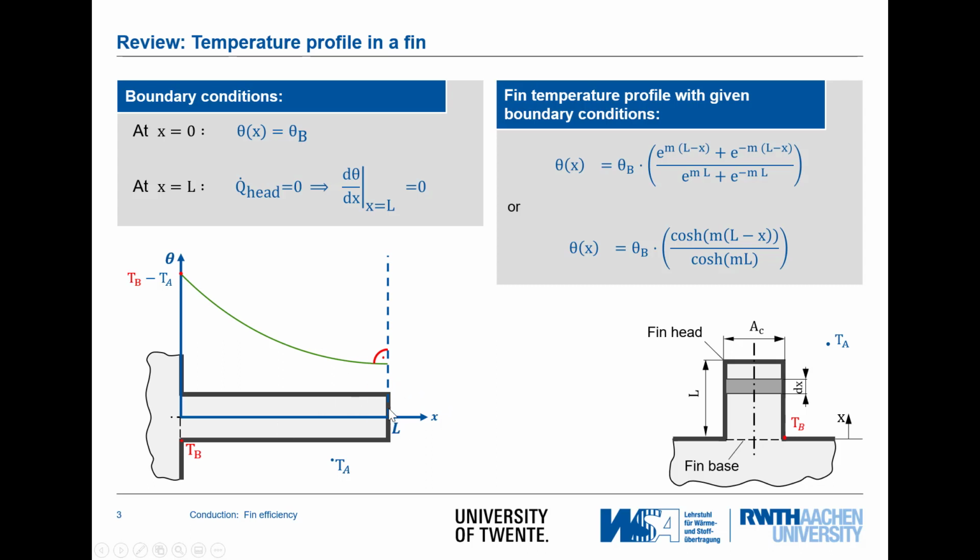There's not a process vice versa. This cannot happen. But it is also not necessary that the temperature at the fin tip is equal to the ambient temperature. That depends on the length of the fin, and due to this boundary condition we will never reach the state that T at the location x equal to L is equal to TA.